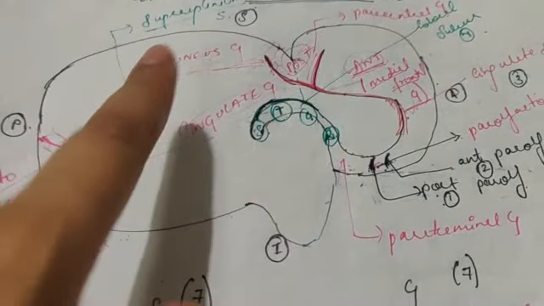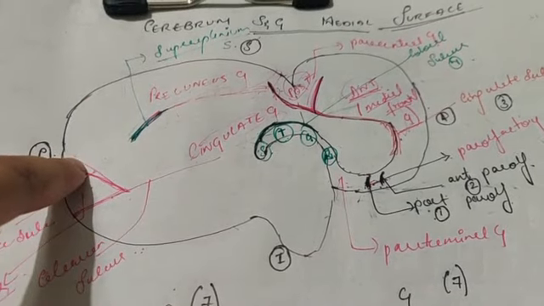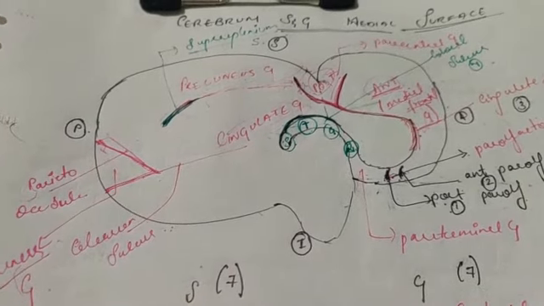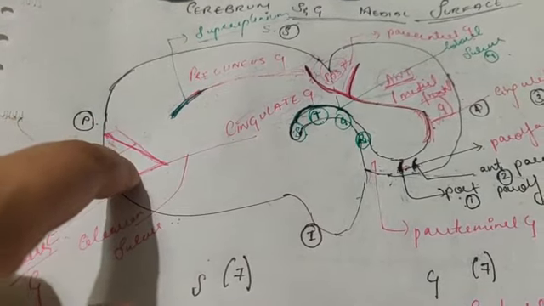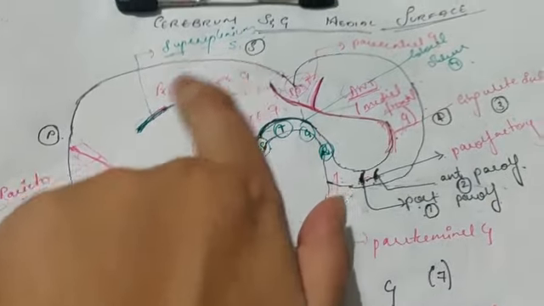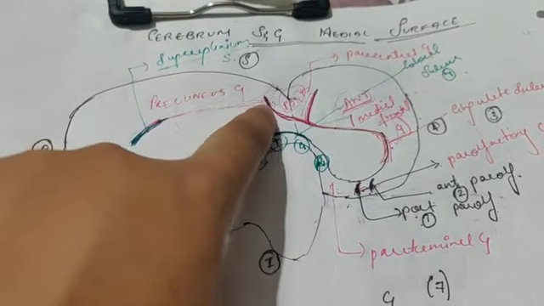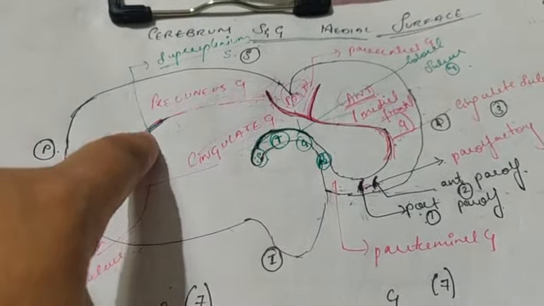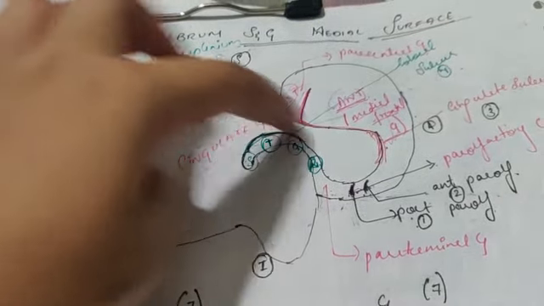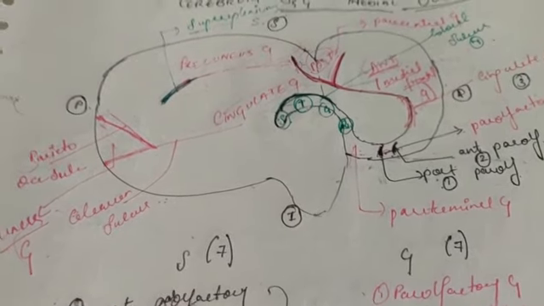After that we come to the triangular part which is between the parieto-occipital and the calcarine sulcus, and this is called the cuneus gyrus. Now the quadrilateral part is the precuneus gyrus, between the cingulate sulcus and the suprasplenial sulcus. Around the corpus callosum, we have our cingulate gyrus. So we have a total of 7 sulci and 7 gyri.